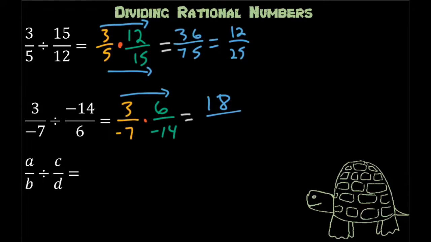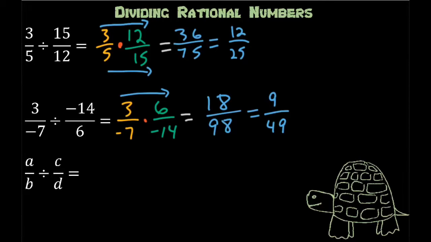Multiplying across the denominators, a negative times a negative is a positive, and 7 times 14 is 98. 18 and 98 are both even numbers, so they're both divisible by 2. 18 divided by 2 is 9. 98 divided by 2 is 49. And that now is written in lowest terms.